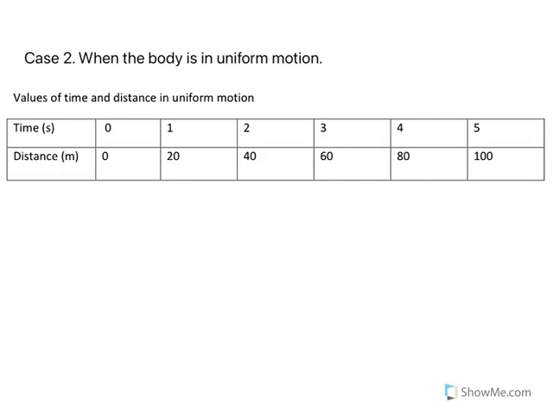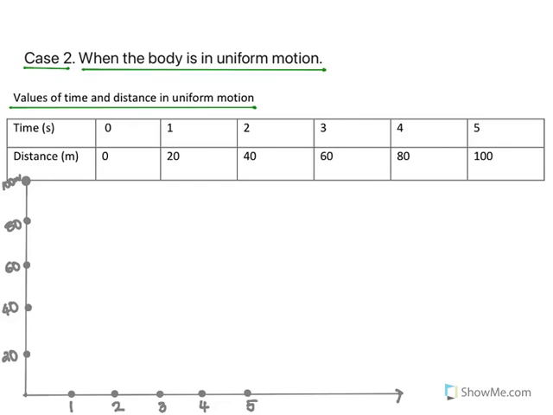In case 2, we will learn about the graph when a body is in uniform motion. So here the values of time and distance in uniform motion have been given, and let's plot it on a graph. So here is the distance versus time. We take the time on the x-axis, so here is time in seconds, and distance on the y-axis in meters.